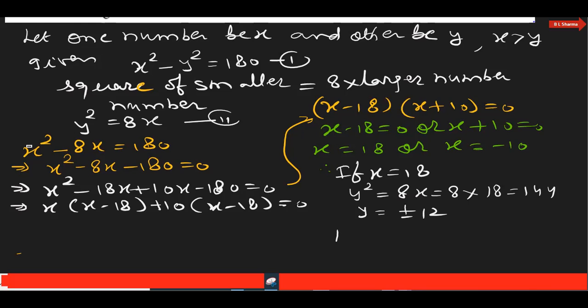In the second case, if we take x is equal to minus 10, एक number हमने minus 10 लिया, then y square is 8x.